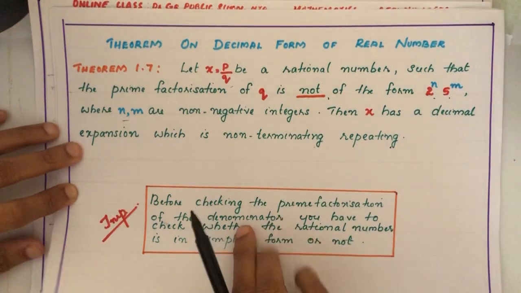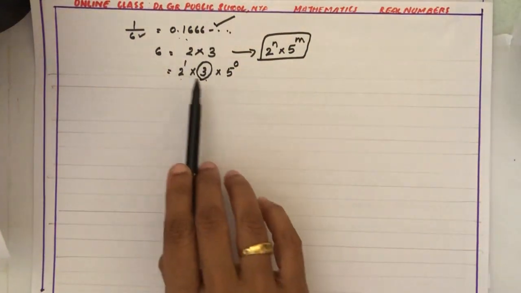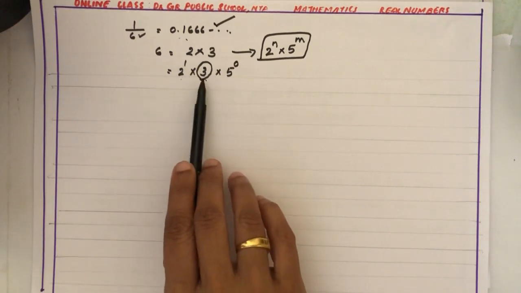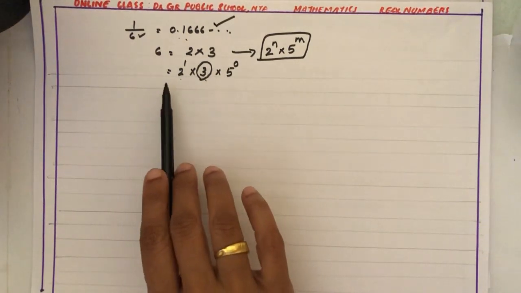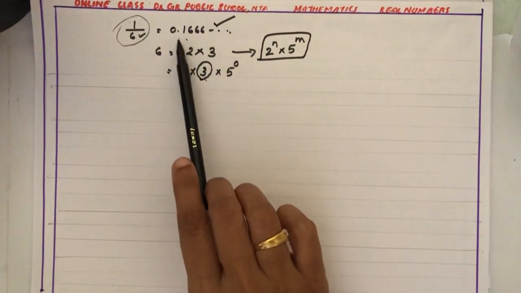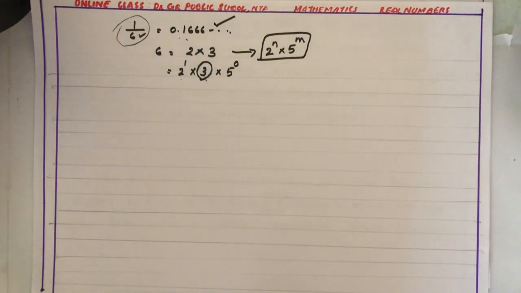So if the denominator has any other prime factor than 2 and 5, the rational number will have non-terminating recurring decimal form.